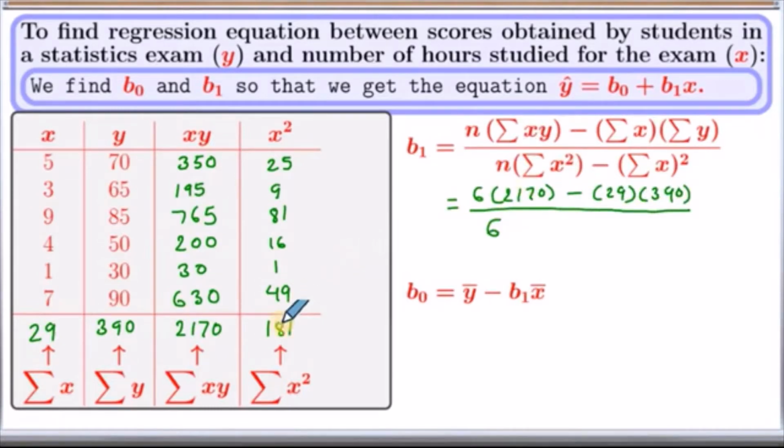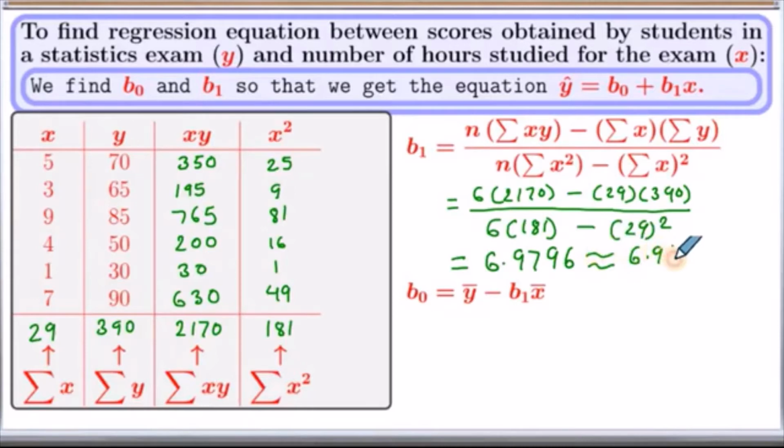Our sum of x squared is 181 minus sum of x, which is 29, squared, over 6. So when we do this math, this comes out to be 6.9796, which is approximately equal to 6.980.